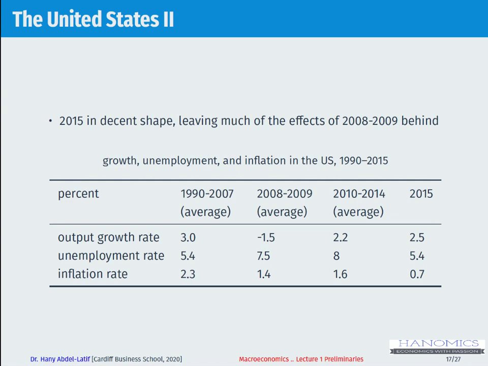Before the crisis, 1990 to 2007, the growth rate was 3%, the unemployment rate 5.4, inflation rate 2.3. Then growth fell from 3% to minus 1.5 during the crisis, during the shock, and unemployment increased to 7.5.